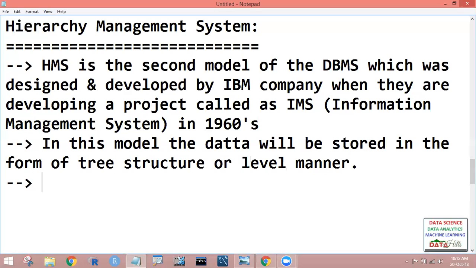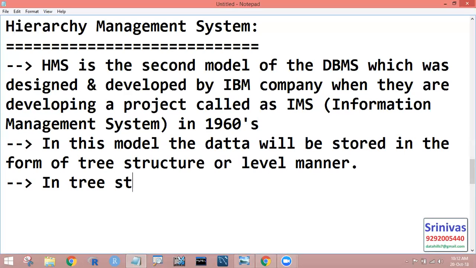In this tree structure, the user has to maintain the following levels. First, the root level, which we use for databases. For table names, we use the parent level. For column names, we use the child level. Like that, we follow levels and then develop the databases.